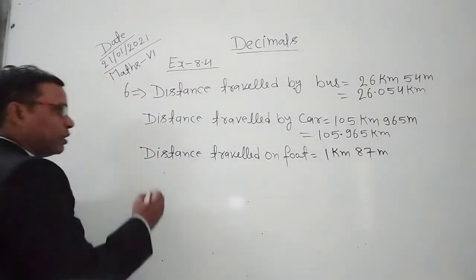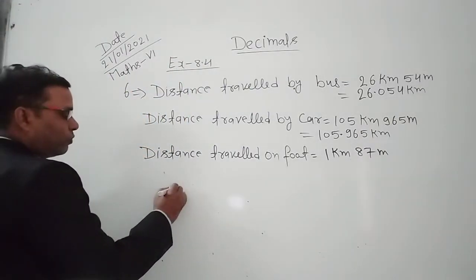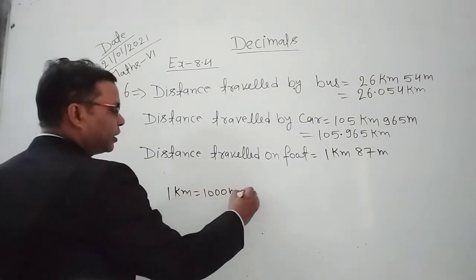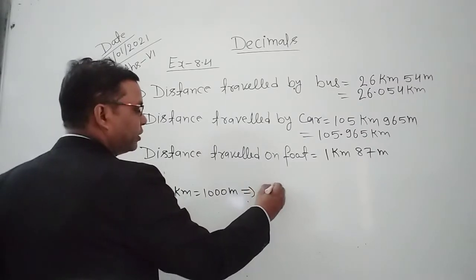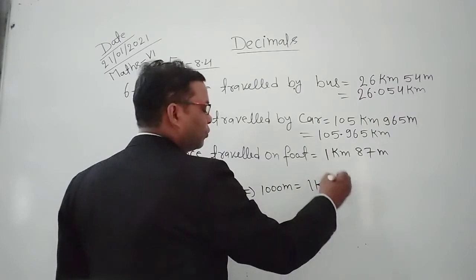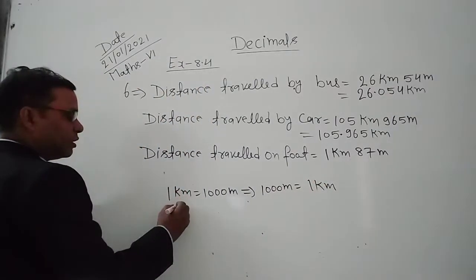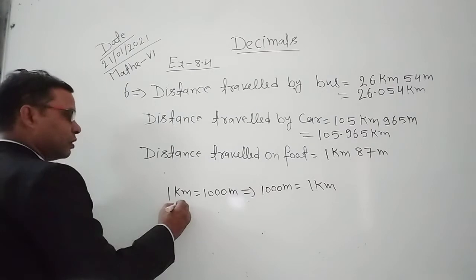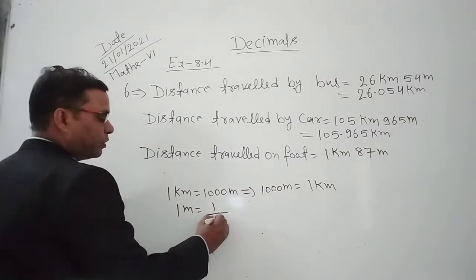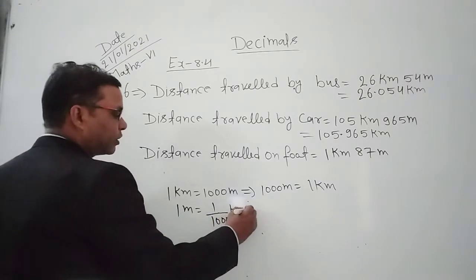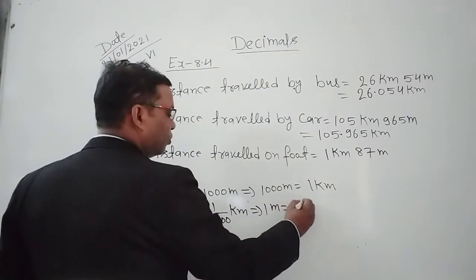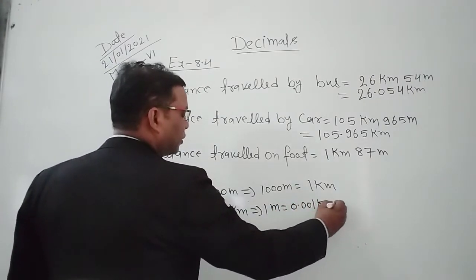So we know very well 1 kilometer is equal to 1000 meter, or 1000 meter is equal to 1 kilometer, or 1 meter is equal to 1 upon 1000 kilometer. If you change to decimal, then you get 1 meter is equal to 0.001 kilometers.